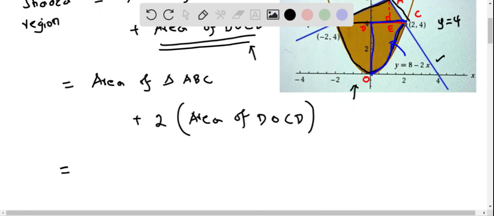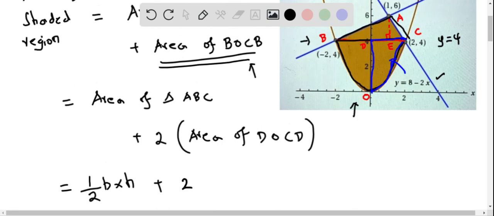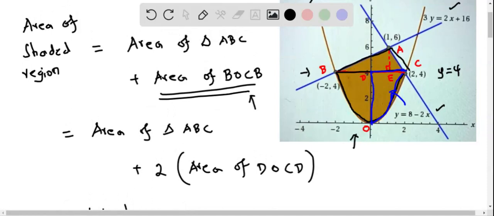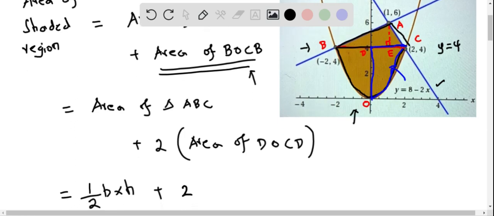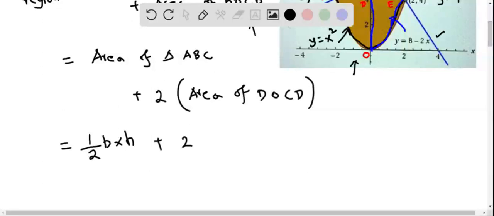So now we will apply the corresponding area formula. We know that the area of the triangle is half times base times height, plus we calculate the area of this region DOCD. Here we can use the integration formula, that is the area between the curves. The top curve is the line y equal to 4, and the bottom curve is the parabola y equals x squared. So when we apply the area between the curves formula, we put the lower limit as the x value.